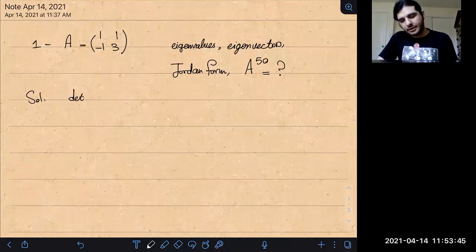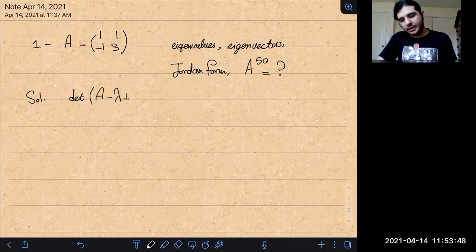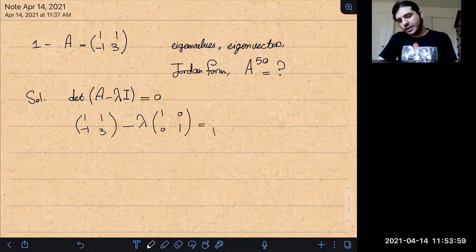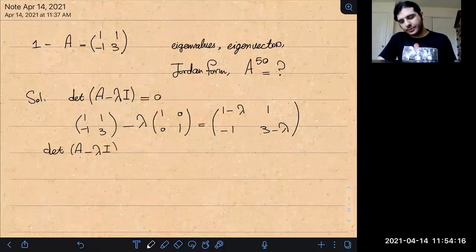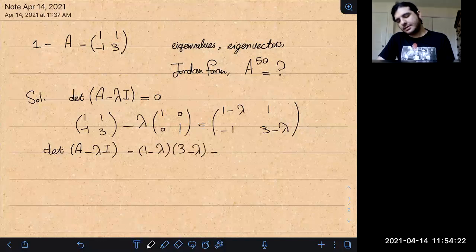We should look at the determinant of A minus lambda I equal to 0, right? A minus lambda times the identity matrix is the matrix with entries 1 minus lambda, 1, minus 1, and 3 minus lambda. Now, the determinant of this matrix is 1 minus lambda times 3 minus lambda, minus 1 times 1, which is minus 1.